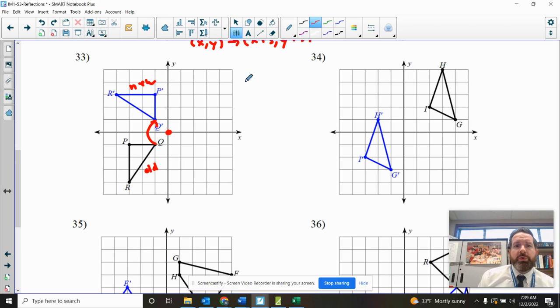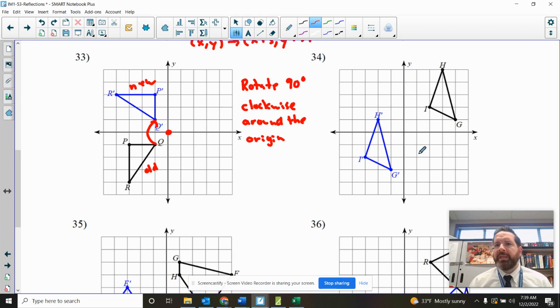All right, so it's a quarter turn, so a rotation of 90 degrees. It's going this direction. That's the direction a clock goes, so clockwise around the origin. There you have it.